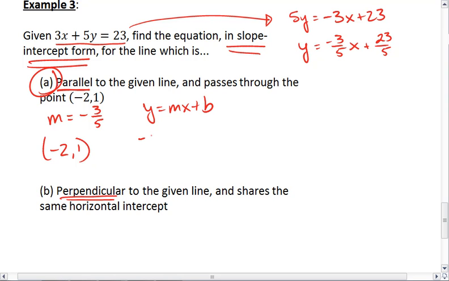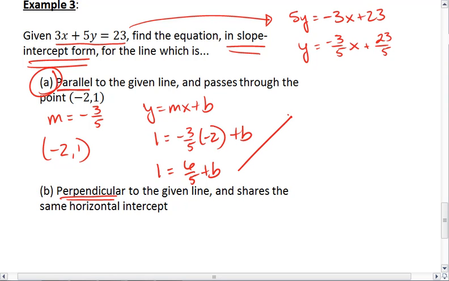We get 1 equals -3/5 times x, minus 2. Sorry, -2 should go in for the x. There we go, because we're solving for b. 1 equals 6/5 plus b. b equals 1 minus 6/5, which is -1/5.